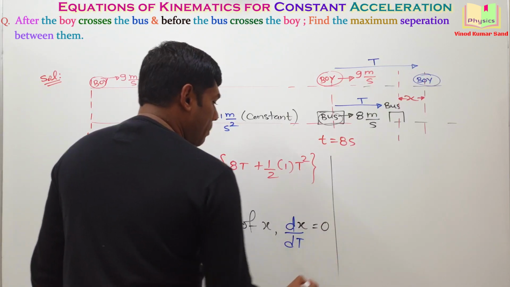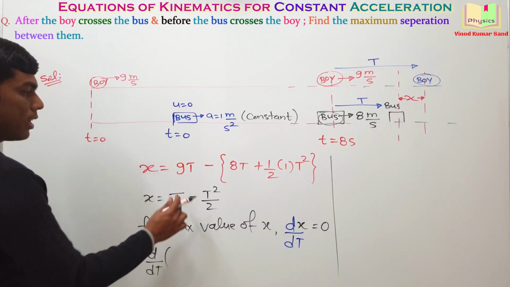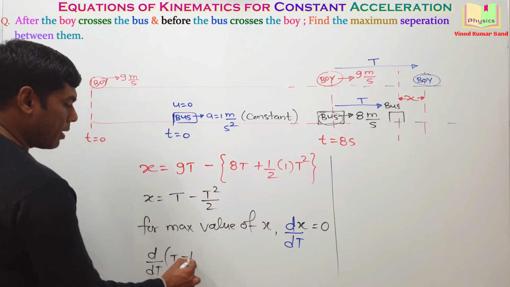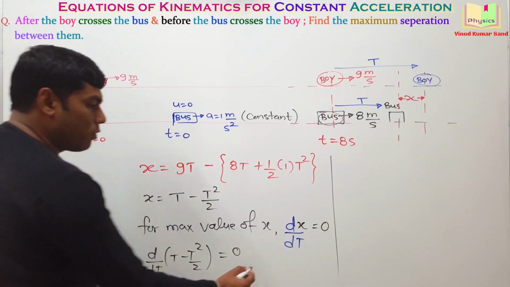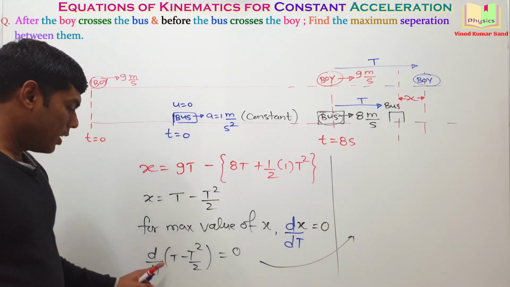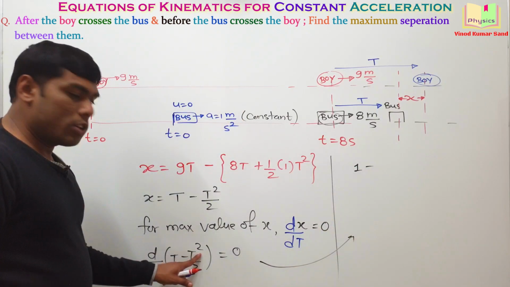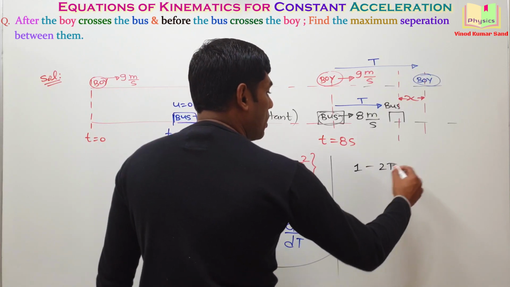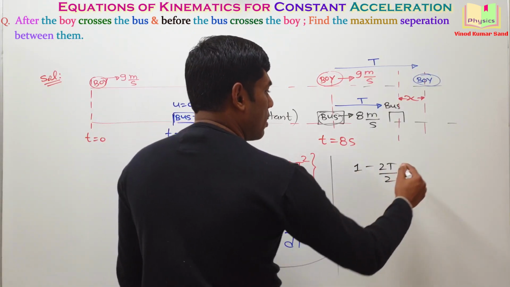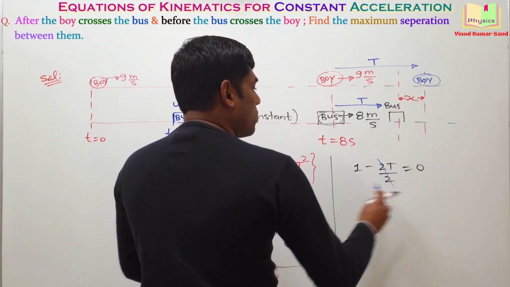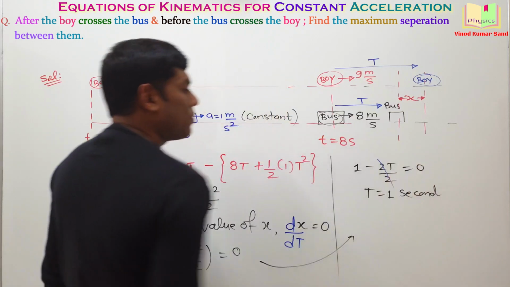Let us do the computation. d by dt of x, x is this, t minus t square by 2, this should be equal to 0. This differentiation I am doing here. d by dt of t will become 1, minus differentiation of t square will be 2t, and that 1 by 2 is already here, it's a constant, so it's taken outside of the differentiation, is equal to 0. So t comes out to be 1 second.